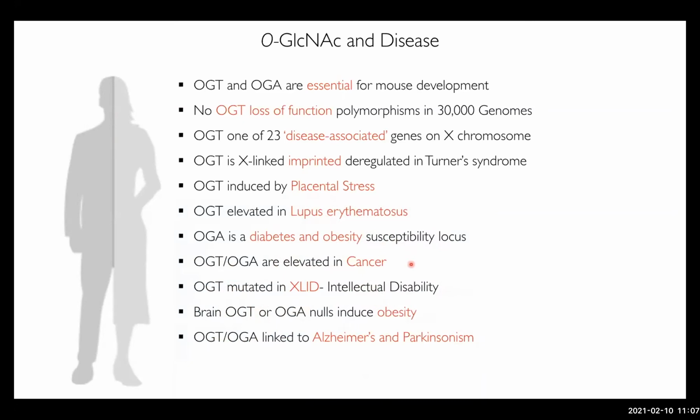We'll discuss this in the talk. OGT is mutated in a rare intellectual disability disorder called XLID. Brain OGT and OGA null mutants induce an obesity phenotype that's really rather striking. And finally, the activity of these enzymes is linked to Alzheimer's, Parkinson's, and other neurodegenerative disorders.